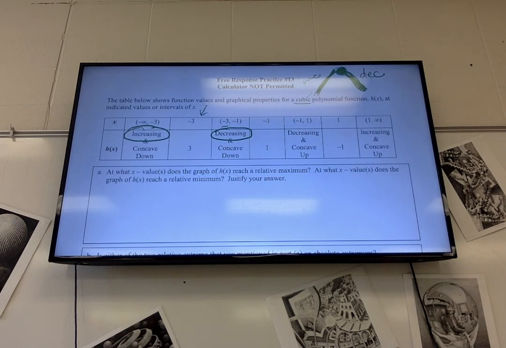Does everybody see that? Okay. So you would say x equals -3 is a relative max.